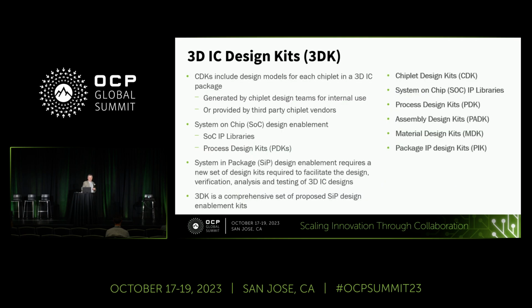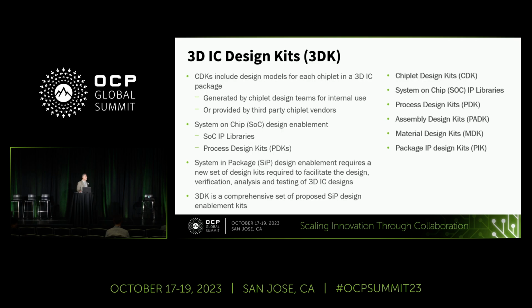So the 3D design kits include the CDKs, which I talked about. And certainly when you're doing these types of systems, you do need your SoC IP. These are your models for your SoC libraries and process design kits. Again, very well established, but some of those views are necessary when you're doing the chip integration.